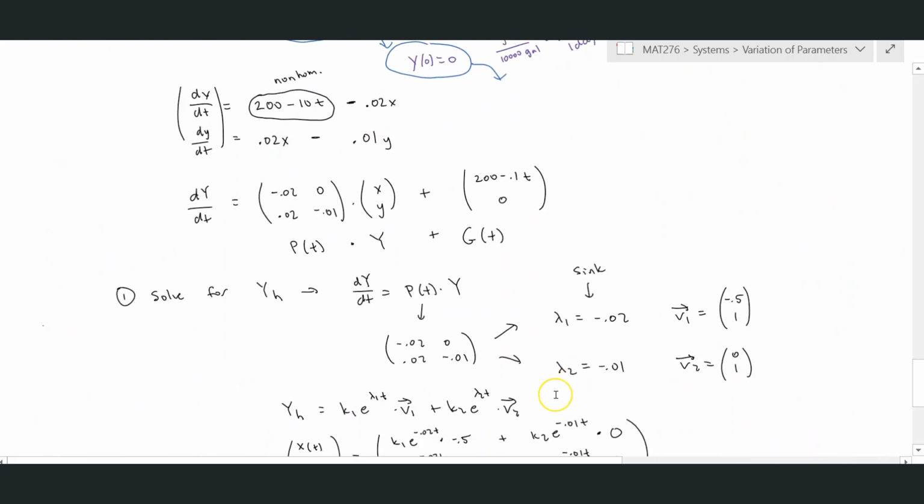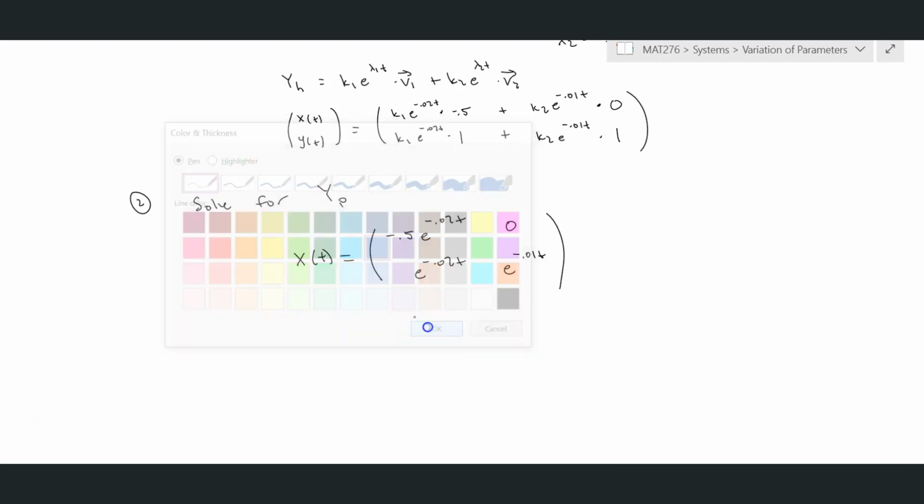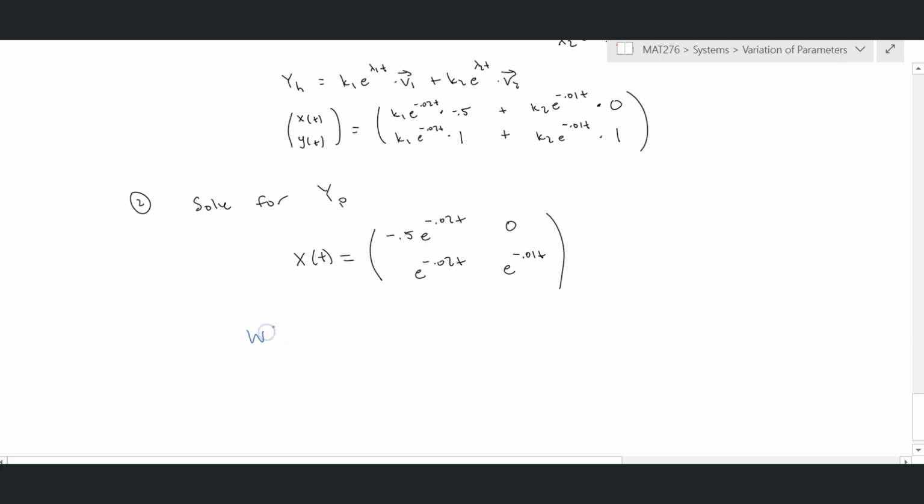All right, now let's compute our Wronskian, which we're going to need, and our Wronskian is going to be part of x inverse. So let's compute what w of x would be, and that is, recall, it's going to be x1 times y2 minus y1 times x2. So here we have x1 and y1 and x2 and y2. This is equal to x1 times y2 minus y1 times x2, otherwise known as the determinant.